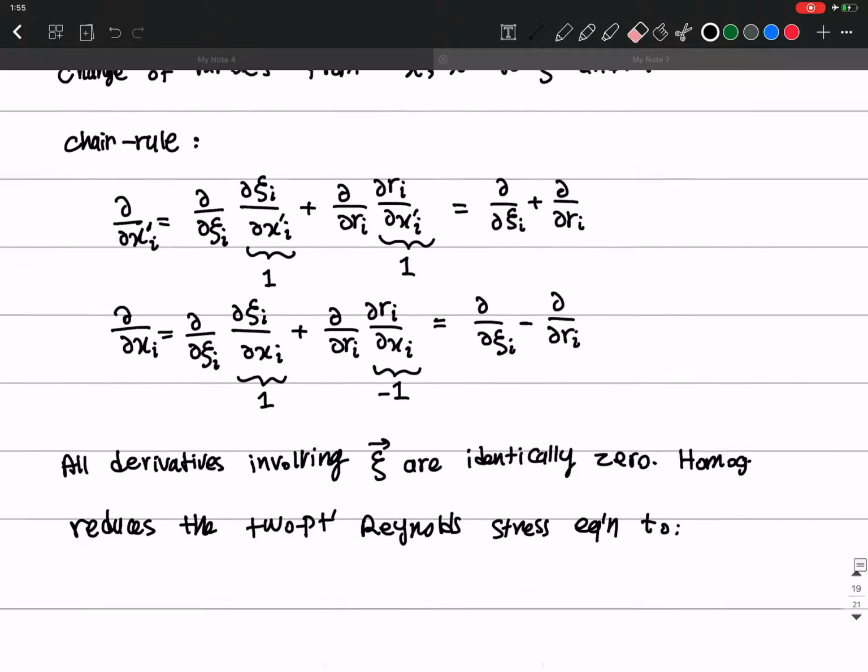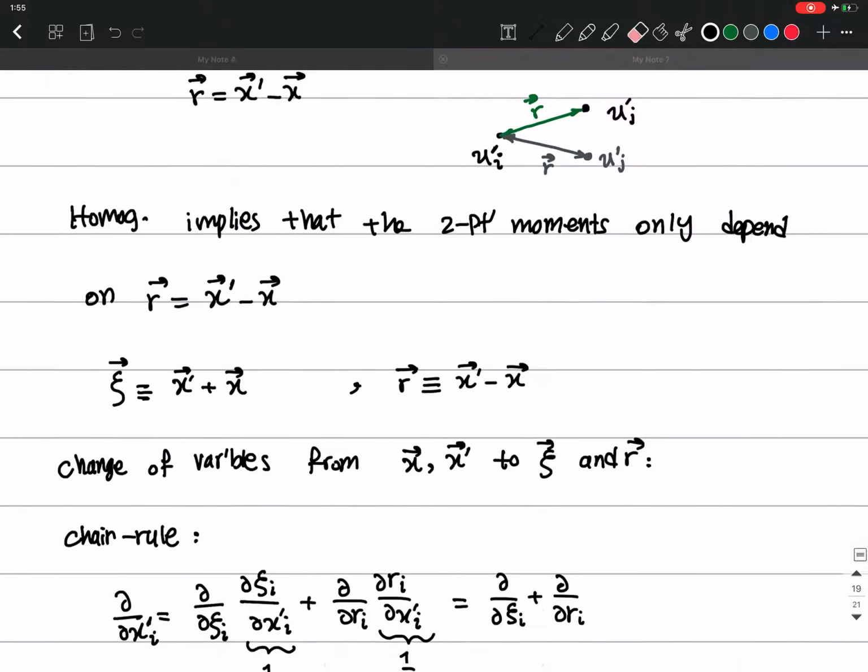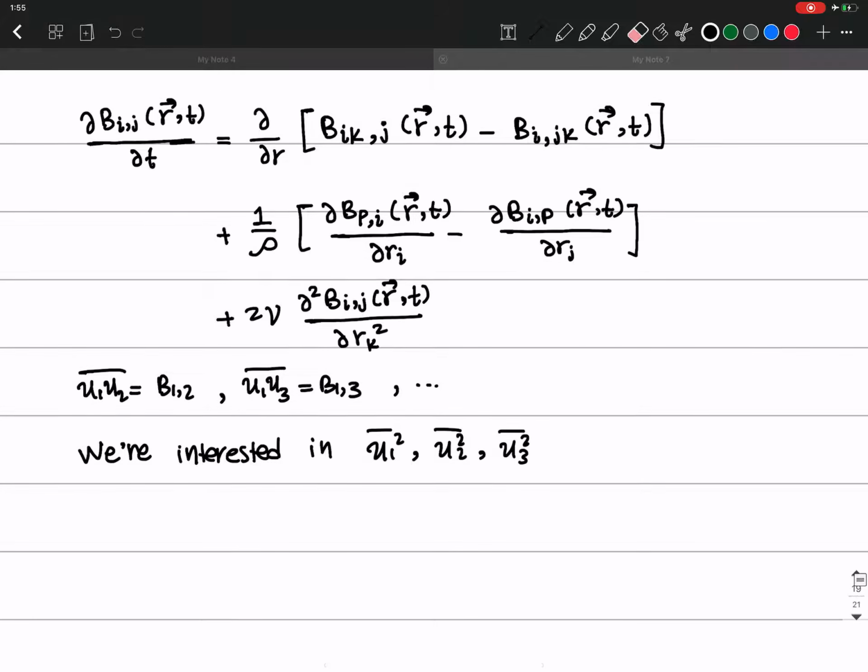I think it's better to define it this way, based on what we have defined, so u1 and u1 prime.